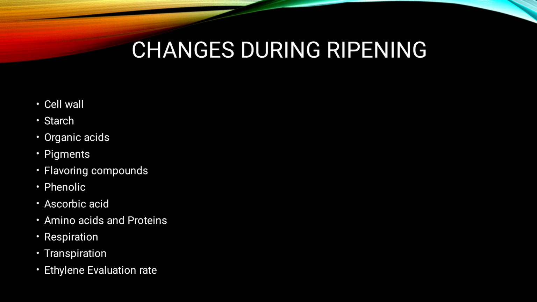Because of that, the color of mango is yellow at the ripening step. Then flavoring compounds develop, then phenolics, some ascorbic acids also develop, then the respiration and transpiration rate, then the ethylene evolution rate. During the ripening process, respiration rate increases, and due to the increase in respiration rate, the ethylene evolution rate also increases.